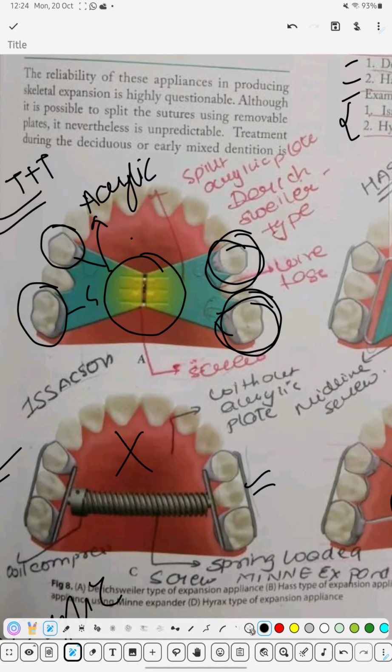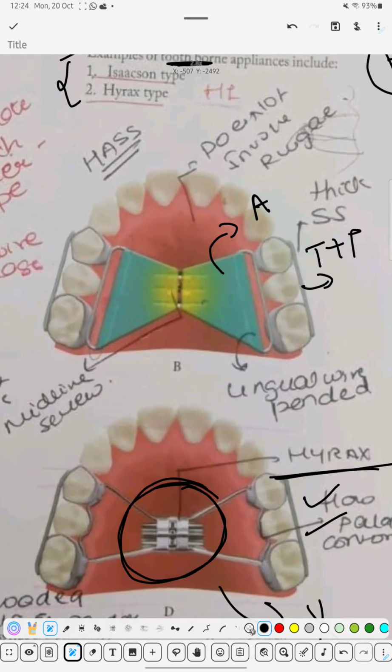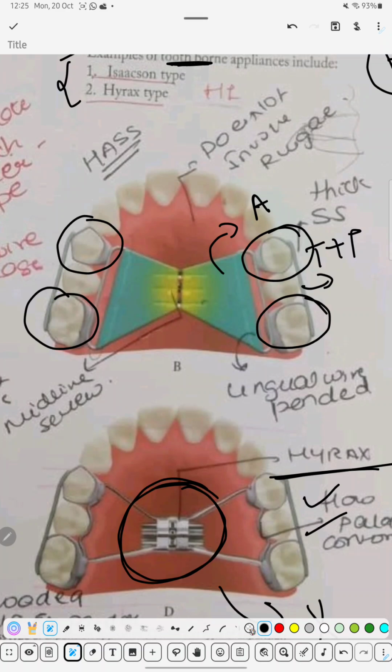Then next we will check the Haas type. In Haas type, the first premolar and the molar of either side are banded.